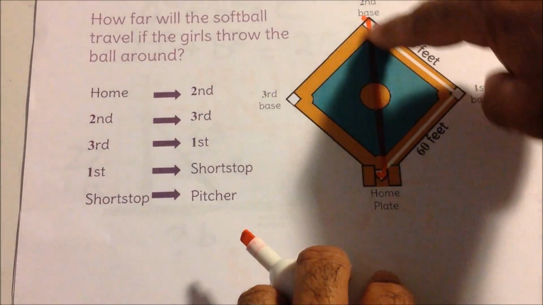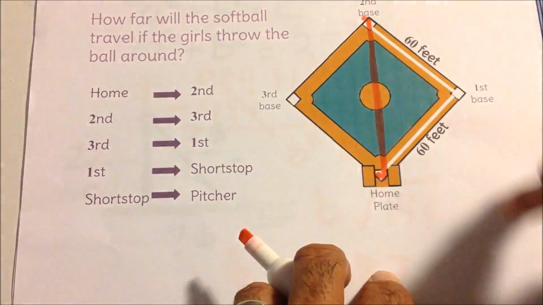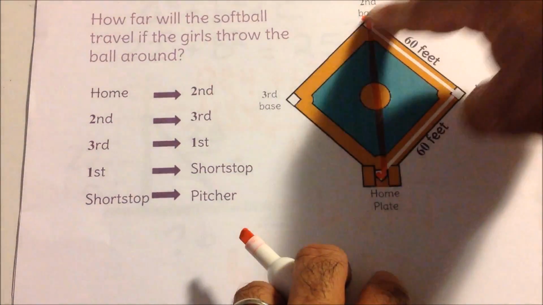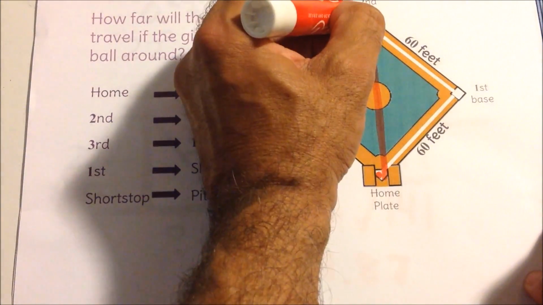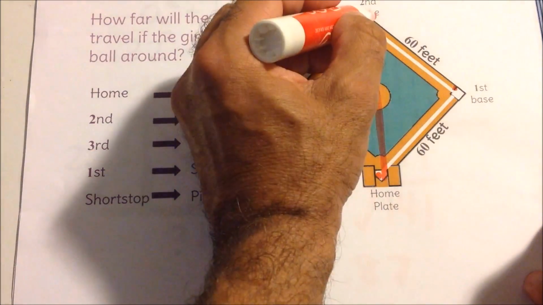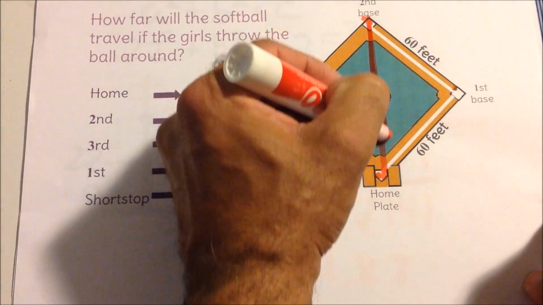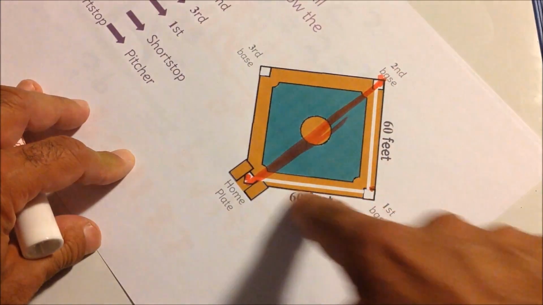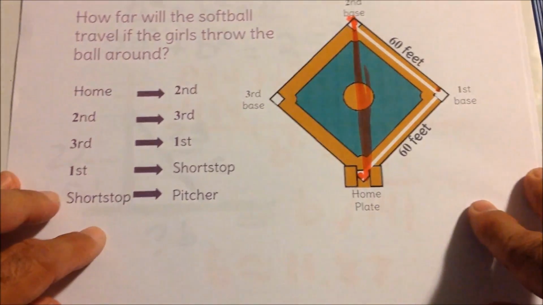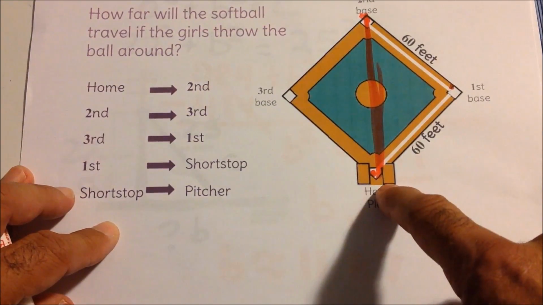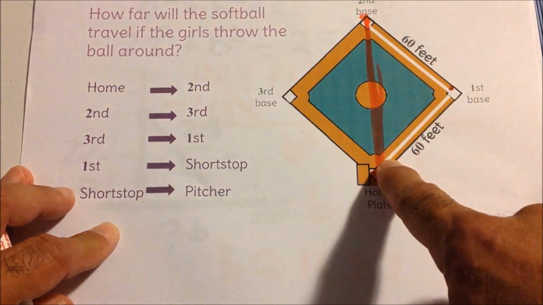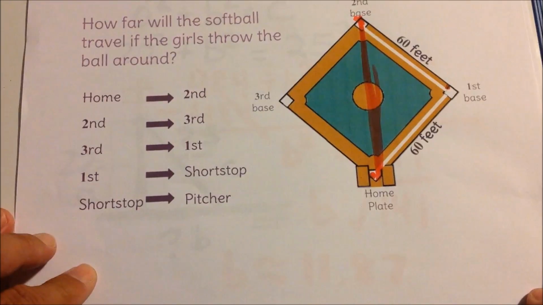We know it's a right triangle, right, because a baseball diamond, they call it a diamond, it's actually a square. And so we have a 90-degree angle. So here's our hypotenuse right here. Right? So if we turn it like this, you can see it. So, how far will the softball travel from home to second base? So, figure that one out.